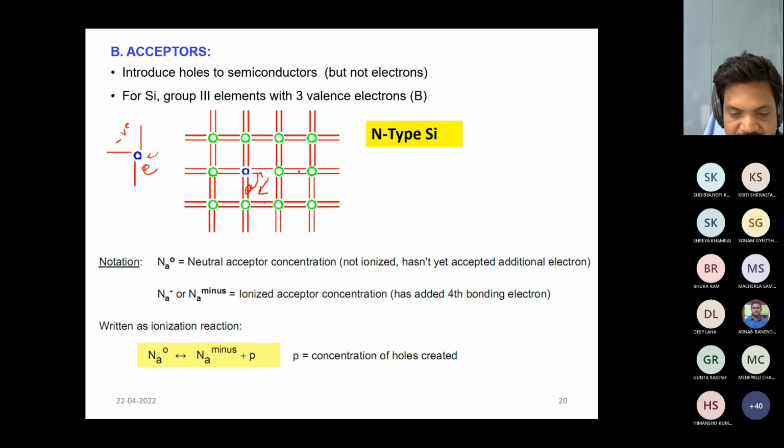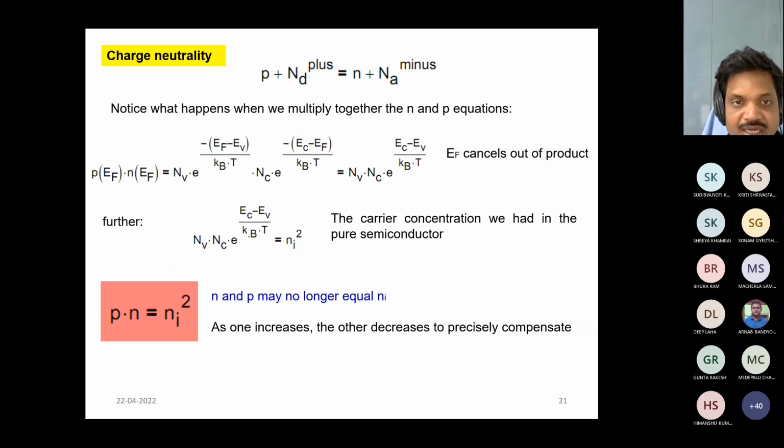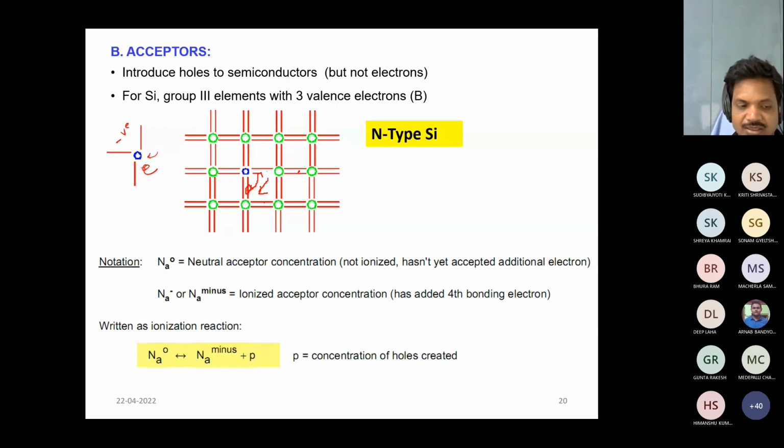So now in a system like this, so far we are considering the current due to electrons and holes only, but there are also positively charged ionized atoms and negatively charged ionized atoms. So will they contribute any current? Can you tell me?